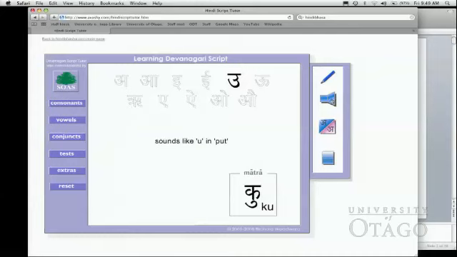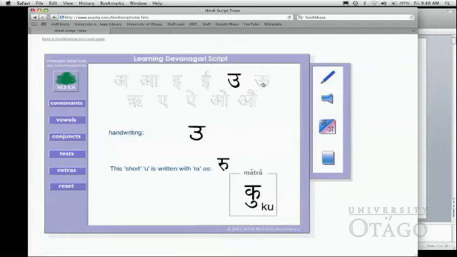U. Example. Urdu. उर्दू. Yes, and this is how to write it in handwriting. U.